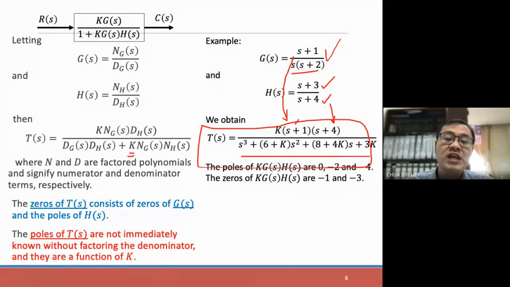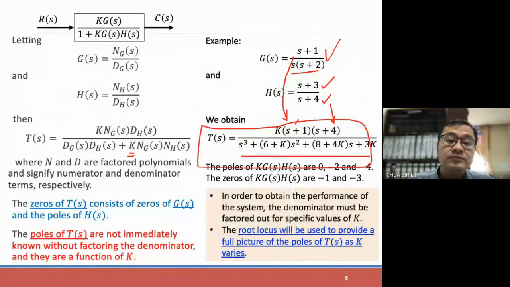When you change the value of K, not only does it change the gain or amplify the response itself, it is also changing the location of the roots or the poles. So in order to obtain the performance of the system, the denominator must be factored out with a specific value of K. So you must bracket it with K and so on, so that it is easier for you to visualize.